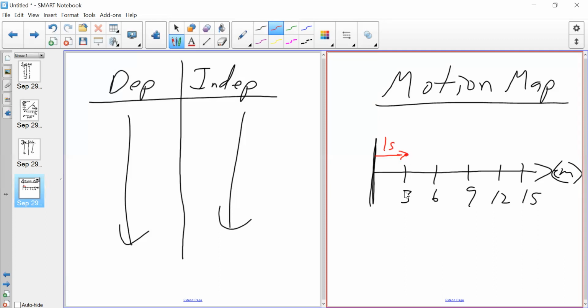After 1 second, he's at 3 centimeters. And after 2 seconds, he's at 6. After 3 seconds, and so forth. It's pretty uniform: 3 centimeters every second. This is another way of depicting your velocity, which is your displacement over time. Every second, he covers 3 centimeters, and it's pretty constant.